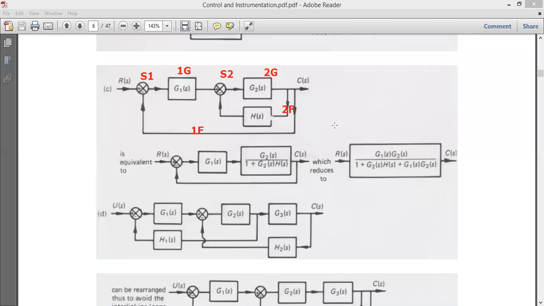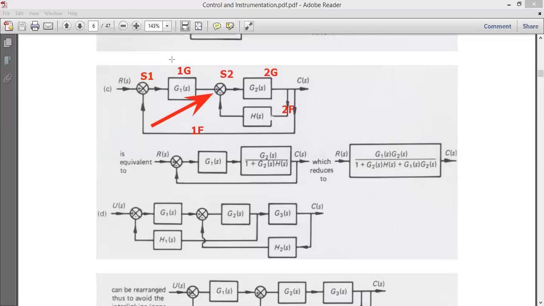How to solve it here is, always go for applying the rules, that is all the 6 rules. Go for applying the first rule. What is the first rule? If the blocks are in series. Do we have the blocks in series? Yes, I have blocks in series, but the problem here is I have something extra in between the 2 blocks of G, that is nothing but your summation.